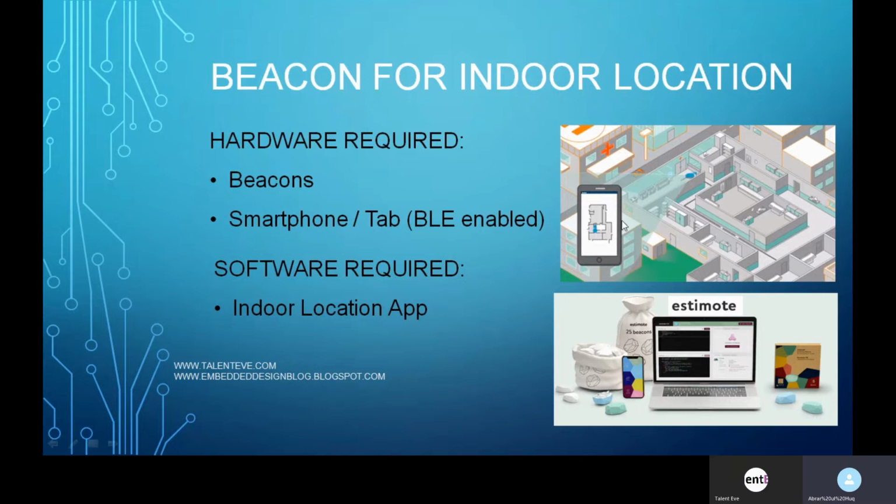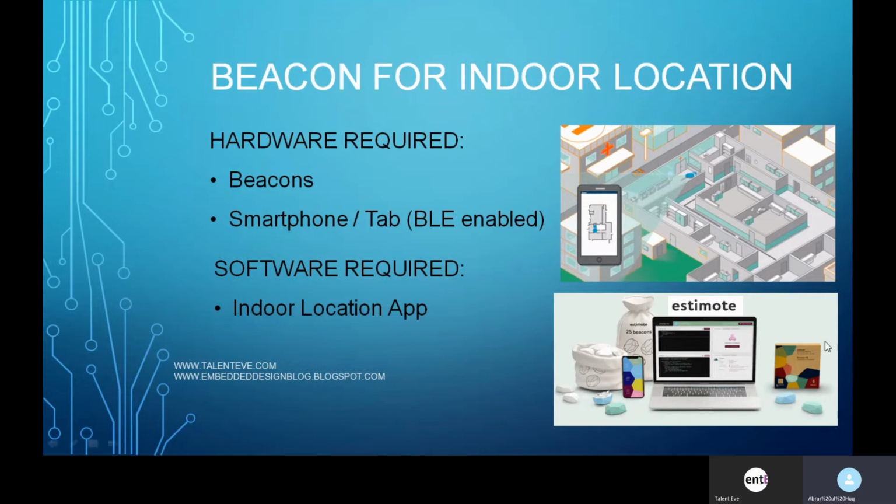On the right hand side, there are two images. The first image shows a diagrammatical representation of a building. Suppose we want to know where exactly we are within the building, because it is indoor and GPS will not give us the accurate location. So in these cases, how do we use a beacon to get the exact location where we are, where we want to go, and so on?